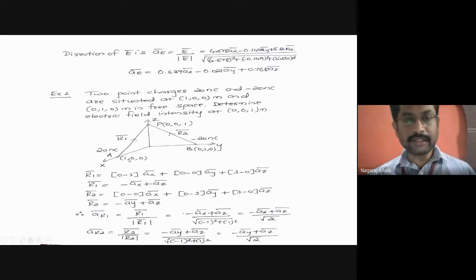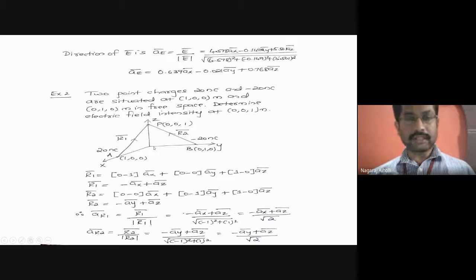R1 bar, that is the distance between A to P. If I consider this point as P, the A to P distance is given by destination minus source. It is 0 minus 1 into AX bar plus 0 minus 0 into AY bar plus 1 minus 0 into AZ bar.